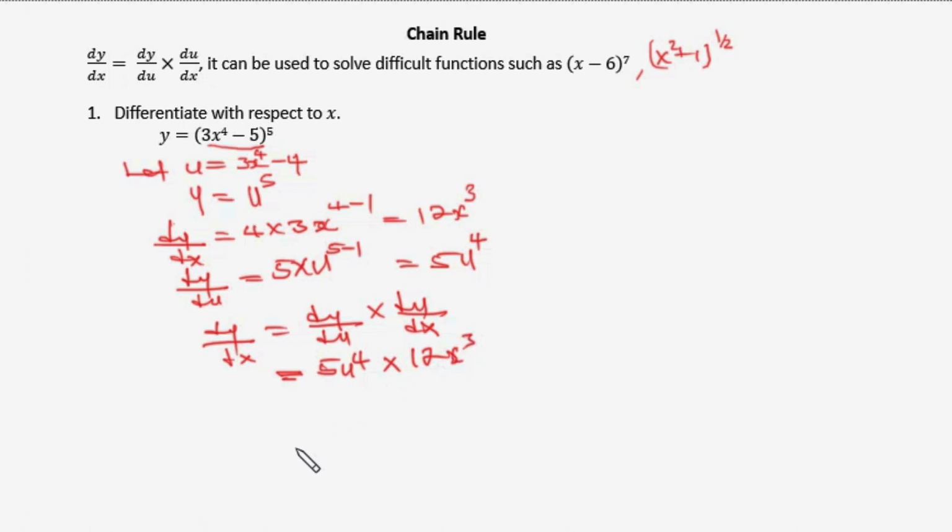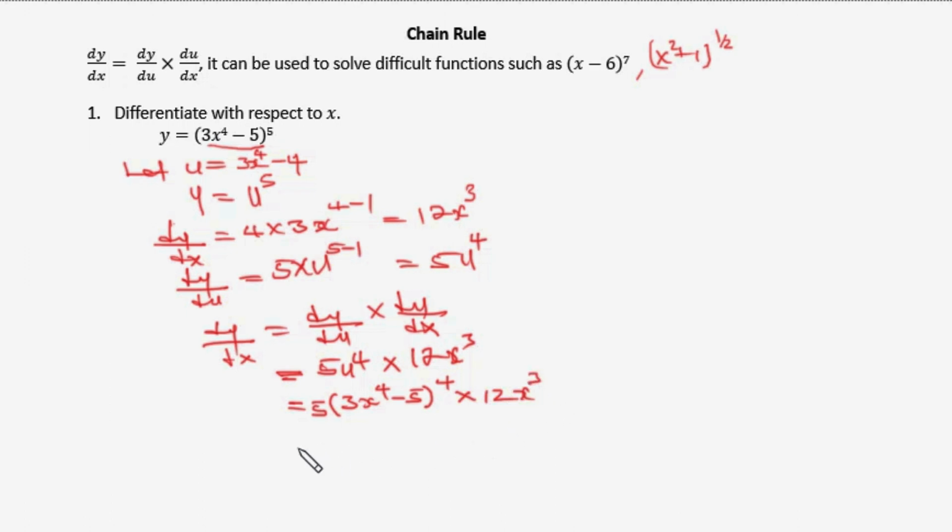We know u equals 3x minus 4, so we substitute for u: 5 times (3x minus 4) raised to the power 4, multiplied by 12x cubed.